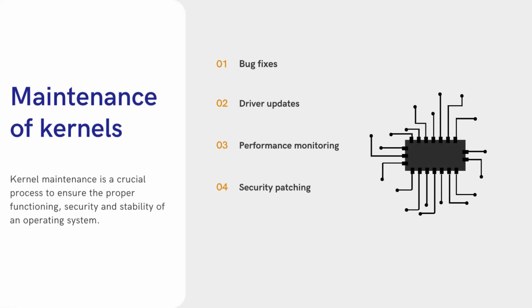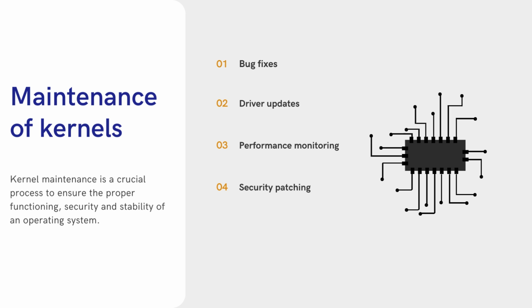Kernel maintenance is a crucial process to ensure the proper functioning, security, and stability of the operating systems. This process involves various tasks, among which are the application of bug fixes. For this, the kernel developers constantly publish updates that correct the discovered bugs.